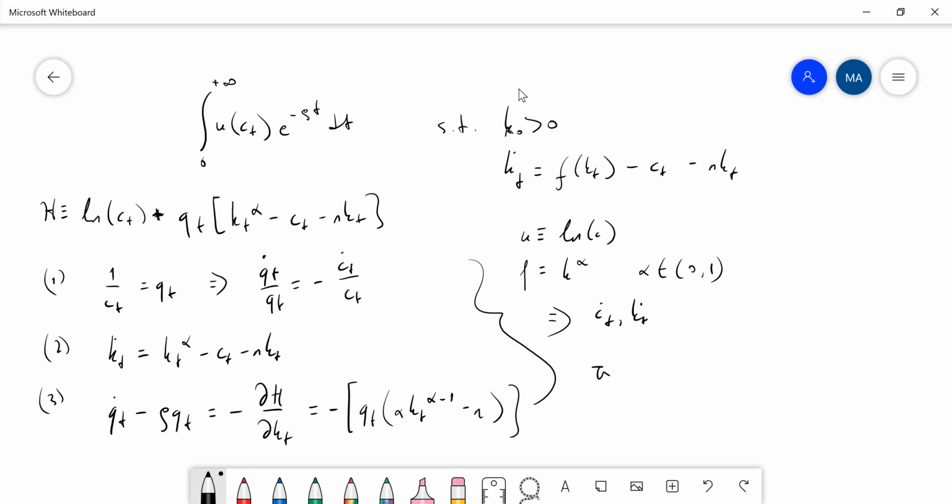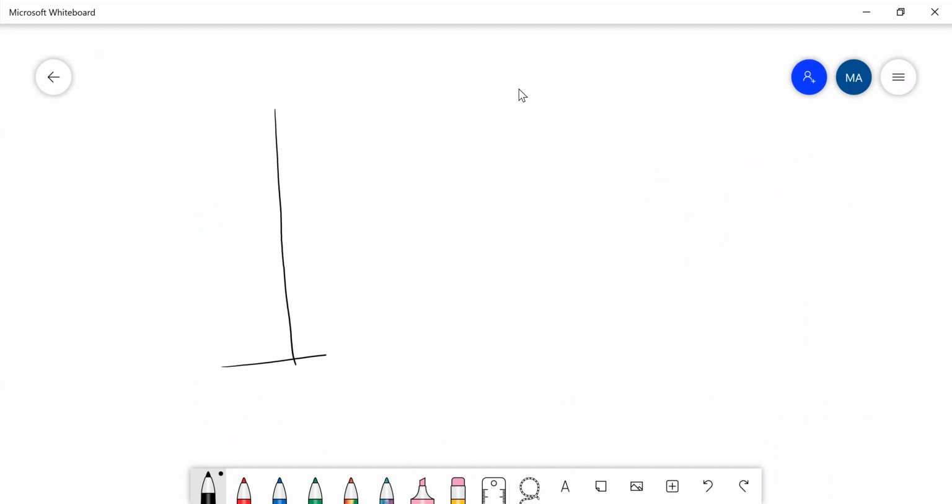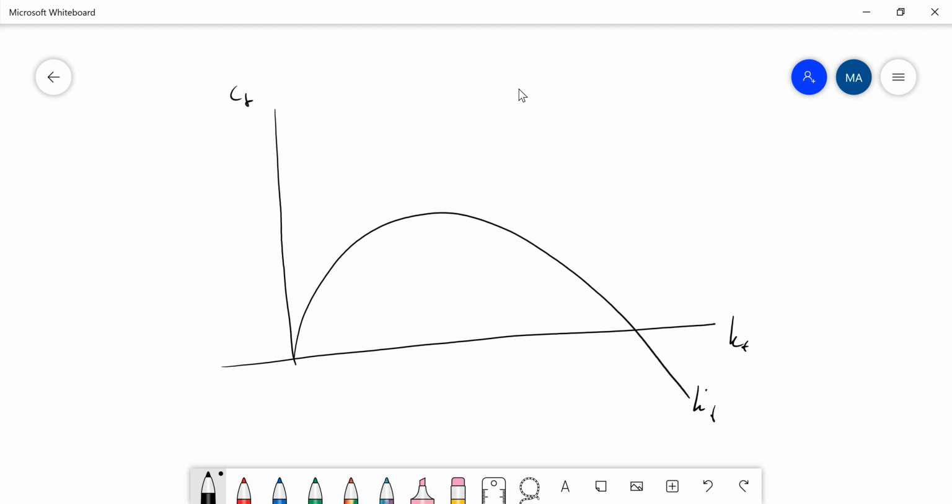And then, of course, we are interested in the transversality condition. The transversality condition is this: q_t e to the minus rho t k_t equals 0. Now let me go back to this figure. So this is k dot t equals 0, and this is c dot t equals 0.